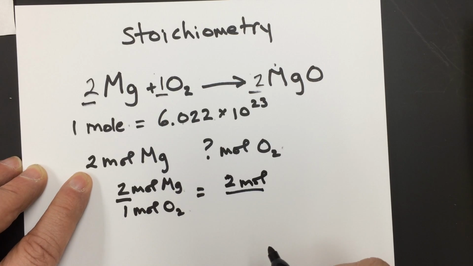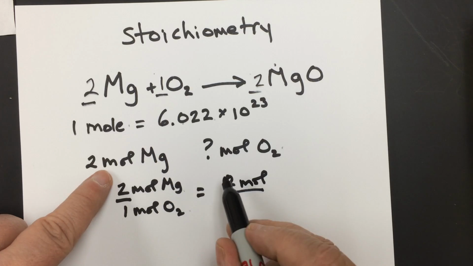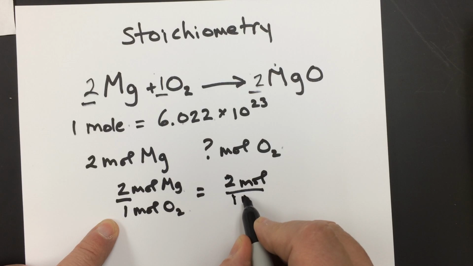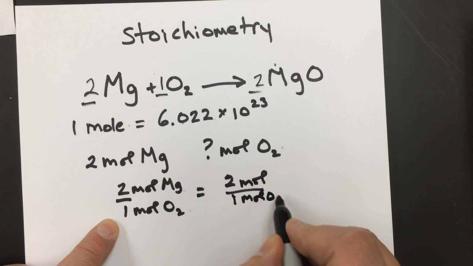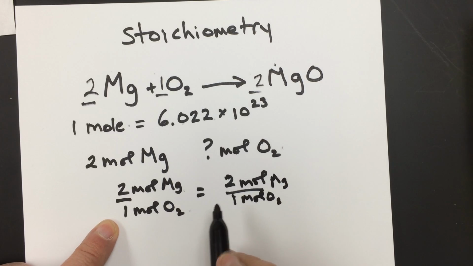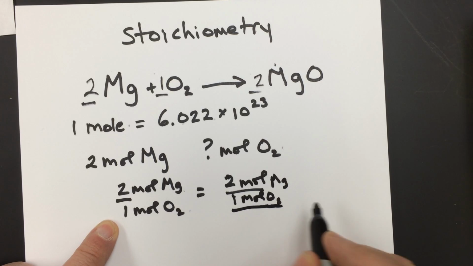What do you think I'm going to have for oxygen? Well, 2:1 is equal to 2:1. I gave you a very easy one. So our answer was 1.